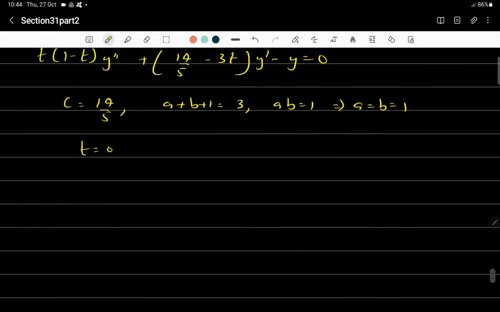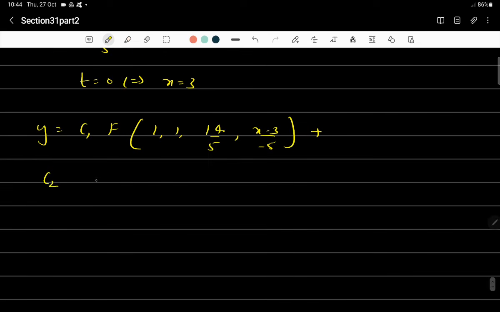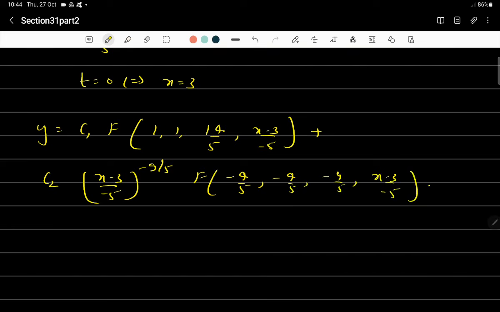So t is equal to 0 means x is equal to 3, and therefore my y is c1 F of 1, 1, a, b, c, and this is t, which is (x minus 3) by minus 5, plus c2 (x minus 3) by minus 5. So this is how you obtain the hypergeometric series solution.